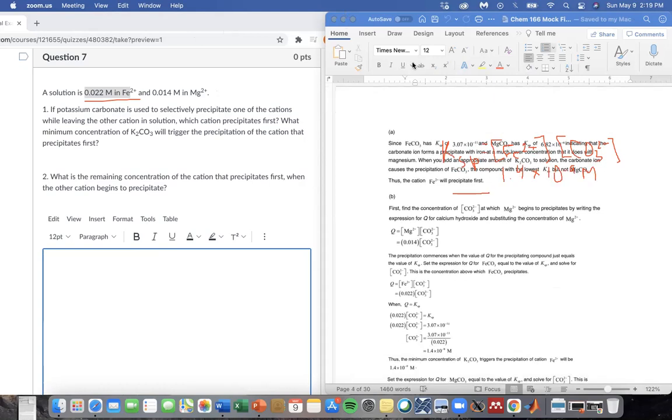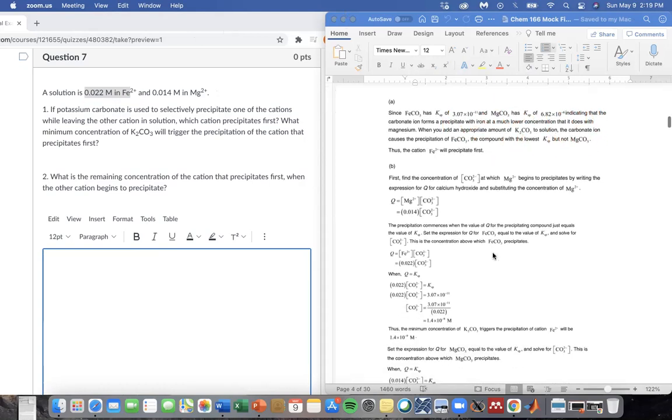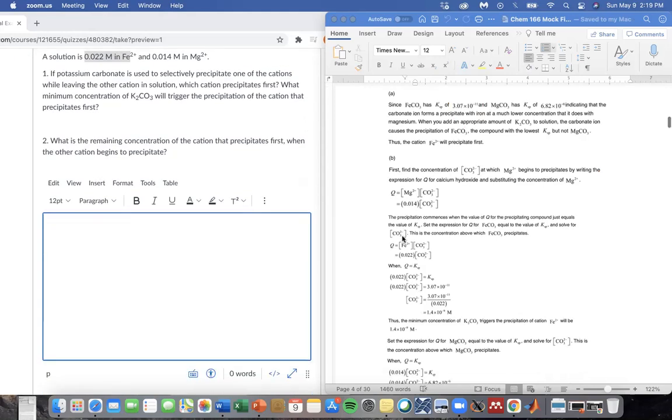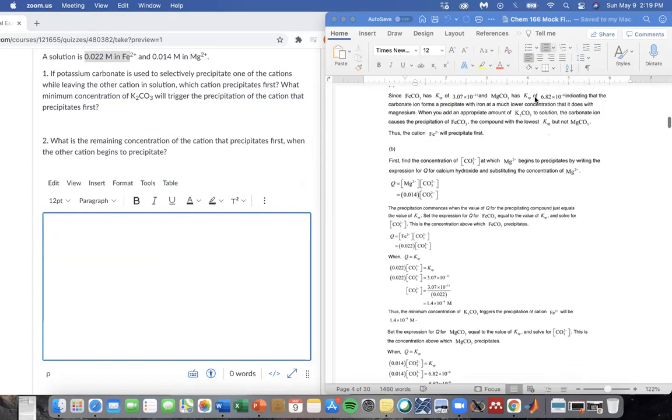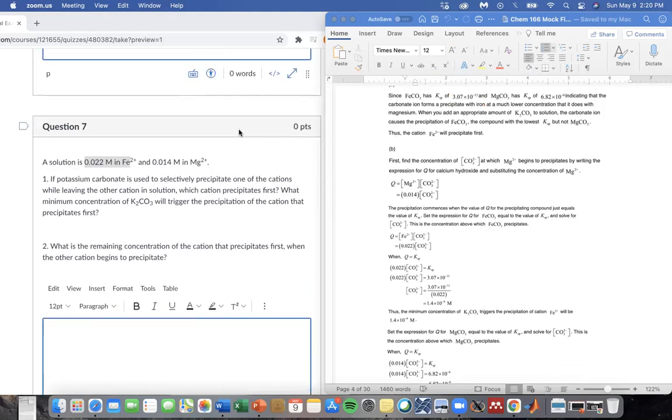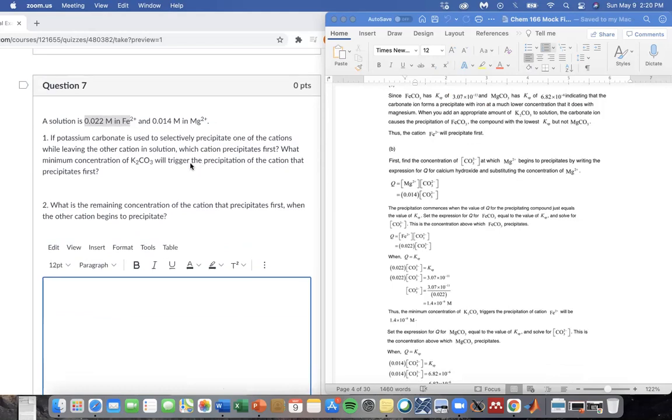To do this, you do the same thing that we just did for the iron, but you do it for magnesium instead. You take your KSP value, 6.82 times 10 to the negative 6, divided by your 0.014 molar Mg2 plus.